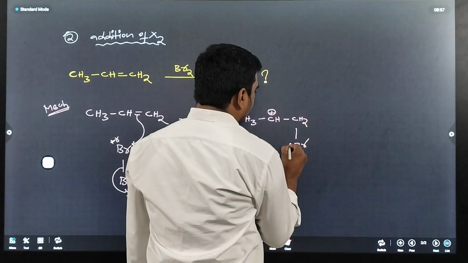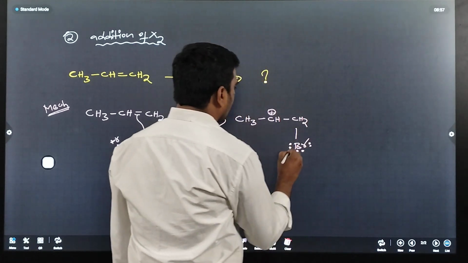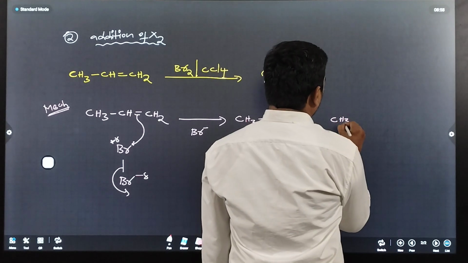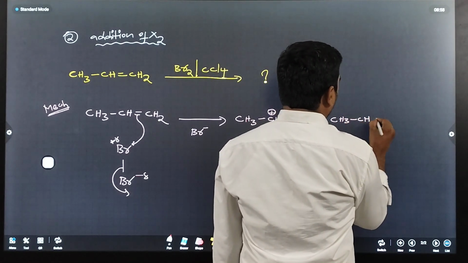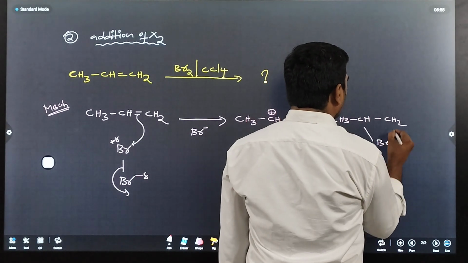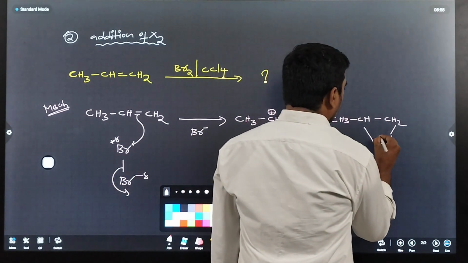Again, bromine has three lone pairs, and a lone pair is donated to here. So we get CH3, CH and CH2, and bromine gets a positive charge.